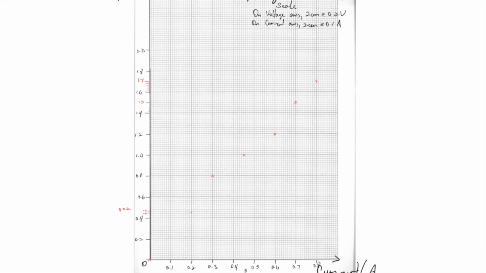So let me rotate you a little bit more this way, and I think I'm going to keep you there and draw my line of best fit. So you see, let me move my ruler now, and that is my line of best fit.